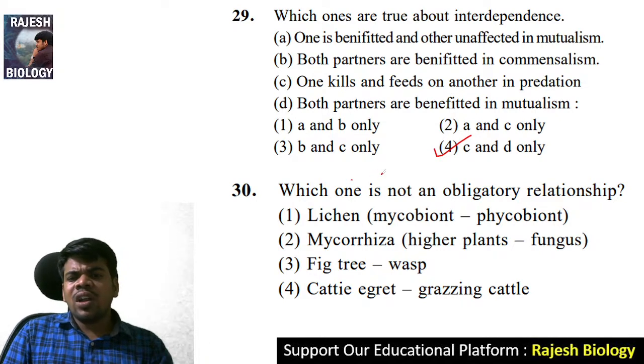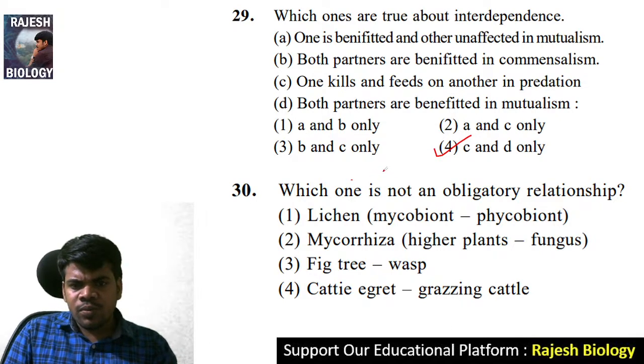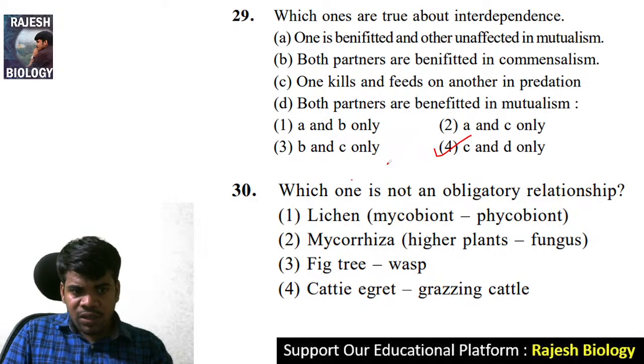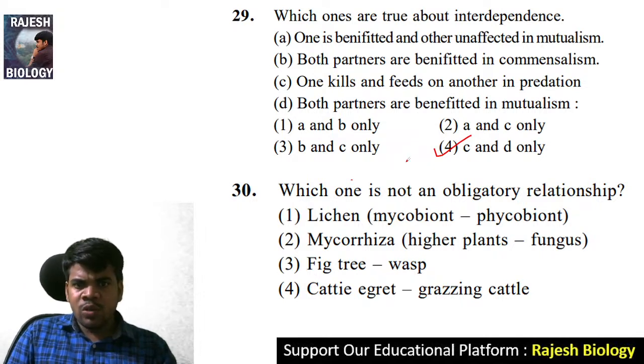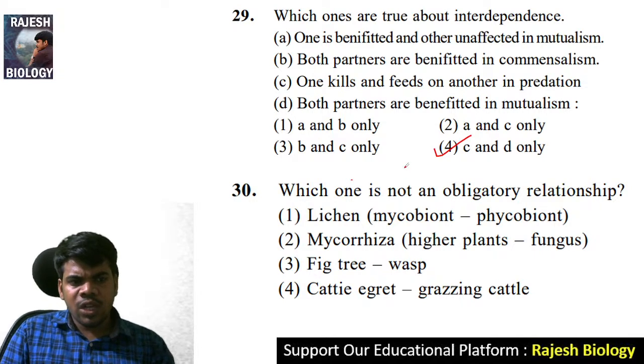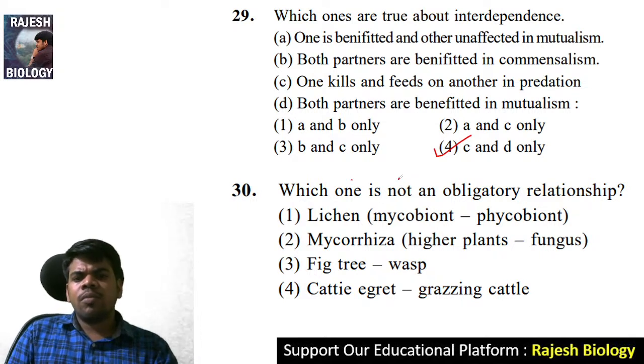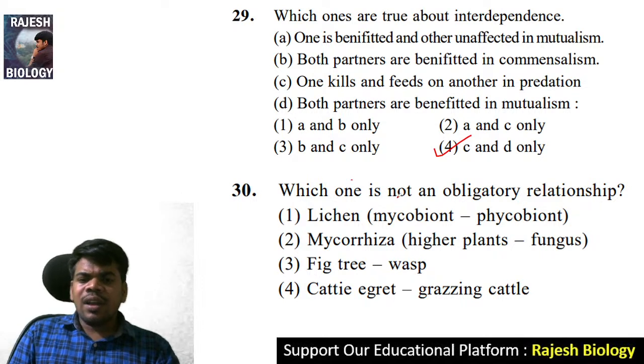Which one is not an obligatory relationship? Obligatory means compulsory relationship. Correct, Chinnu, that is 4 for 29th. Come to the 30th question. Yeah, Ganeshwari, correct. Lichens, mycobiont and phycobiont; mycorrhiza, higher plants and fungus; fig tree and wasp; cattle egret and grazing cattle.